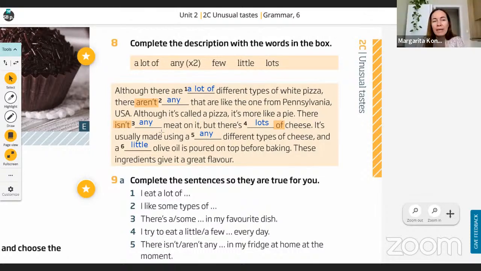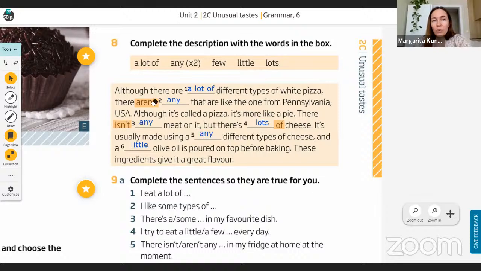It's usually made using a... Is it negative? It is positive, and any is only for negatives. So this sentence is not negative, and we use the positive. A little. Yes, no, not a little.